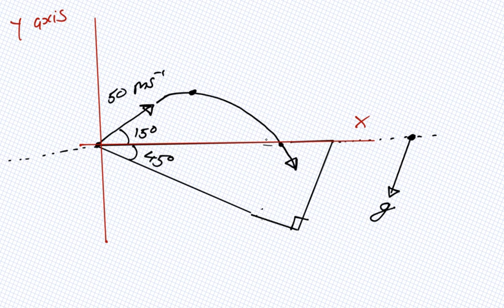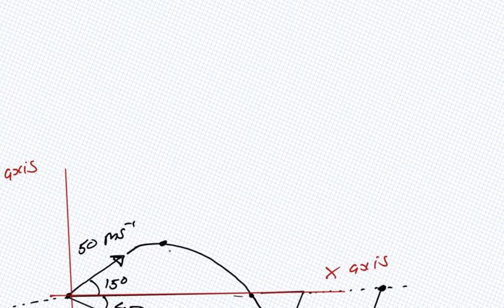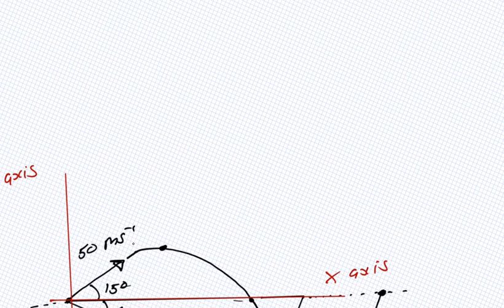Now, this is a nice little trick because it gives us a way to deal with the fact that it's projected on a non-horizontal ground quite nicely. So everything is still the same here.